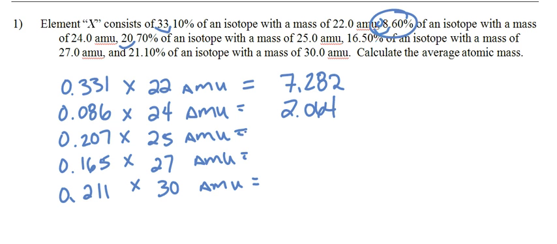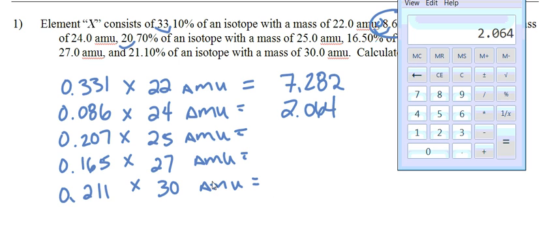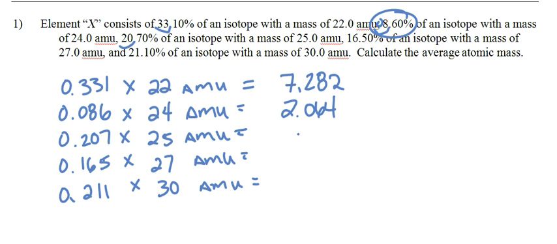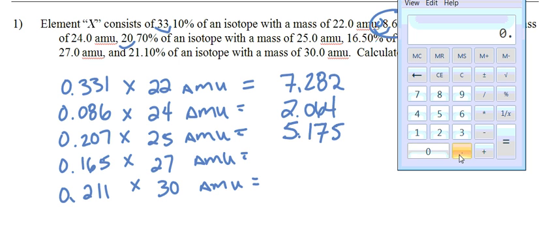2.064. And then wherever my mouse is, 20% or 0.207 times 25 AMU, and that's 5.175. And then I have 16.5% times 27 AMU.